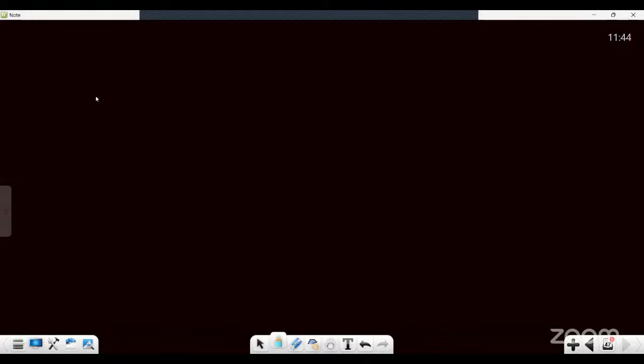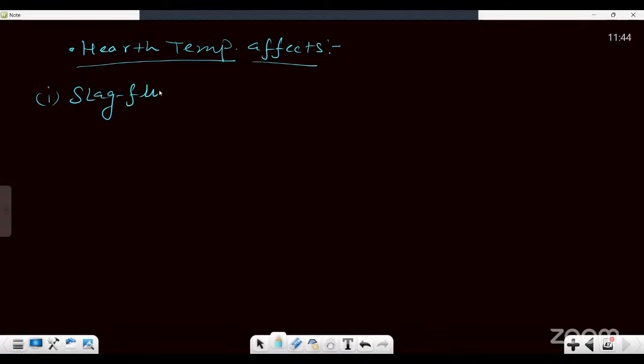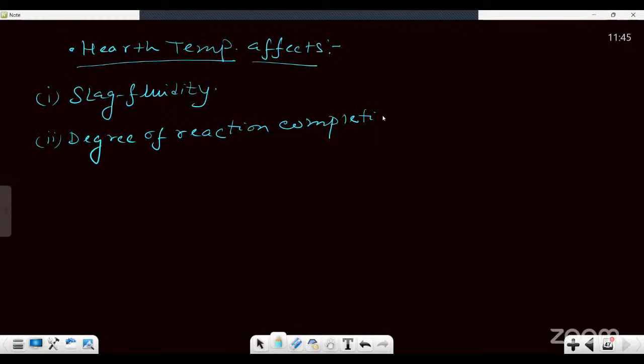So hearth temperature affects the fluidity or the viscosity of the slag, the degree of reaction completion, and the distribution of oxides with slag. So you see, why is hearth temperature so important? What are the things that get affected by the hearth temperature? One is the slag fluidity. Then the degree of reaction completion, and the distribution of oxides with slags.